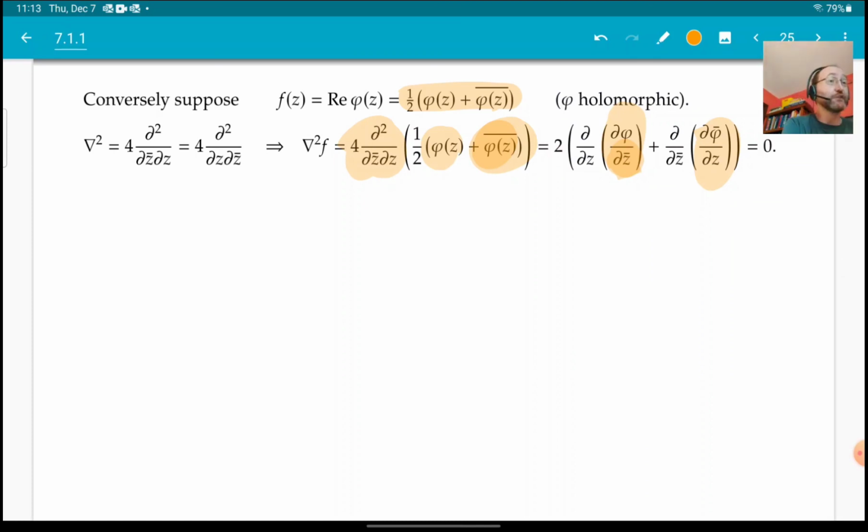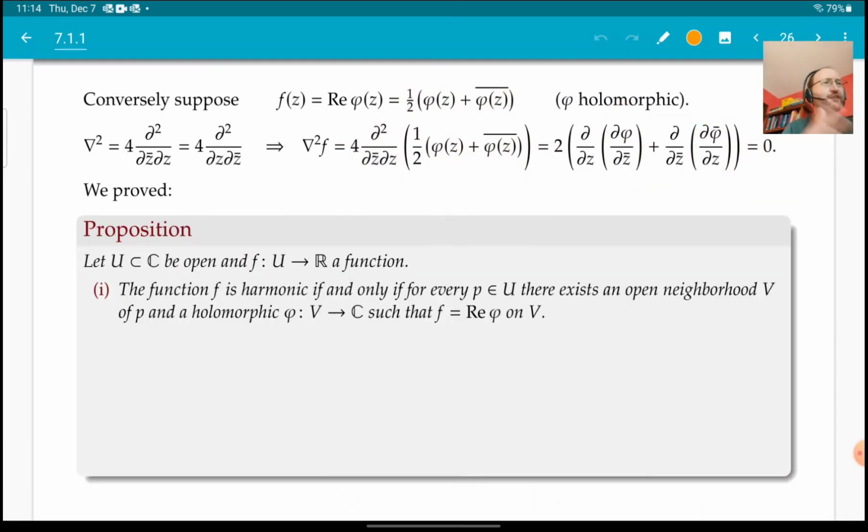Its z derivative is 0, right? So we get that this is 0. So basically, what we proved is that if it is the real part of a holomorphic function, it is harmonic, right?